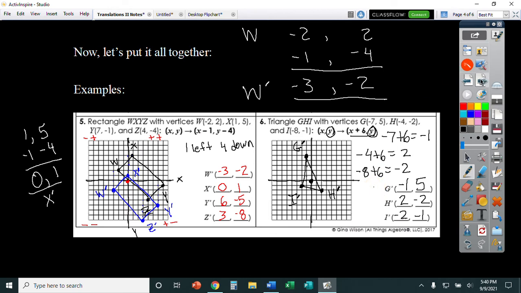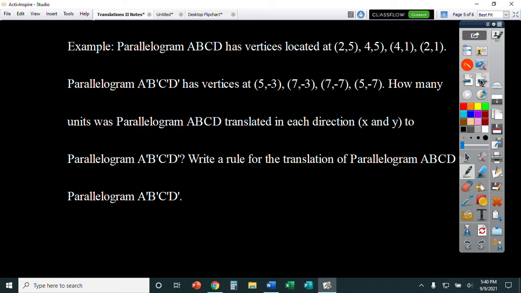Now, sometimes, and we already saw this in class today, you'll be given the coordinates of a shape that's already on a graph and another set of coordinates or a shape on a graph. And they'll ask you to write a rule. That's what this says.